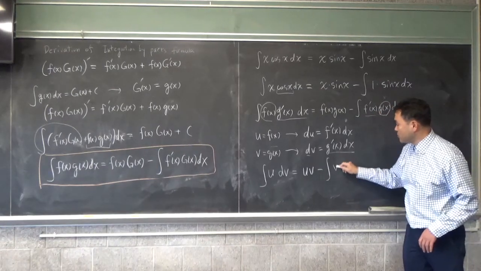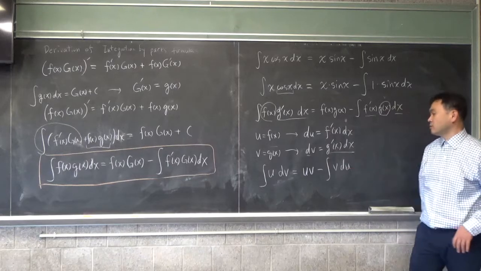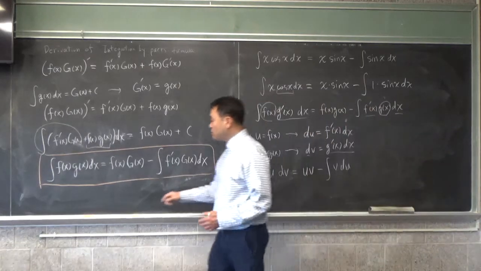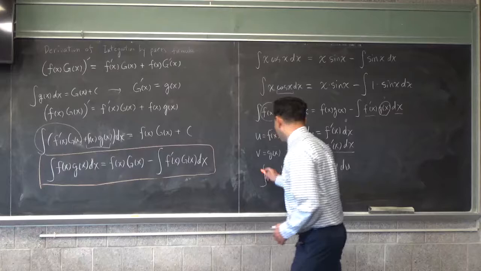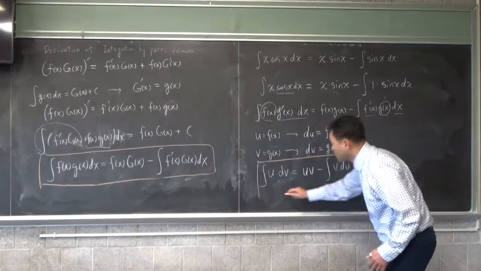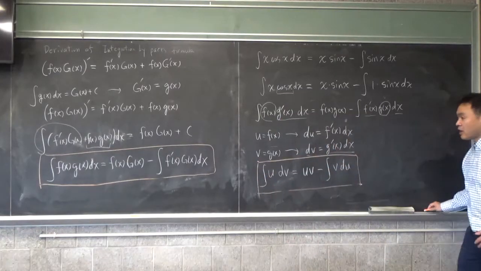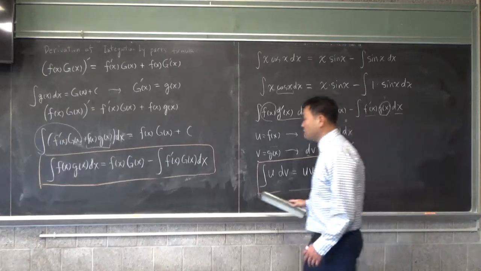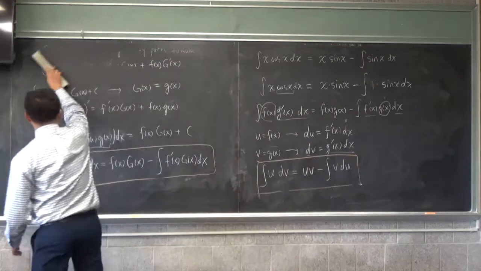So this will be v du. And this is the one that's adopted by most textbooks. So any calculus book you see, you're going to see that one.